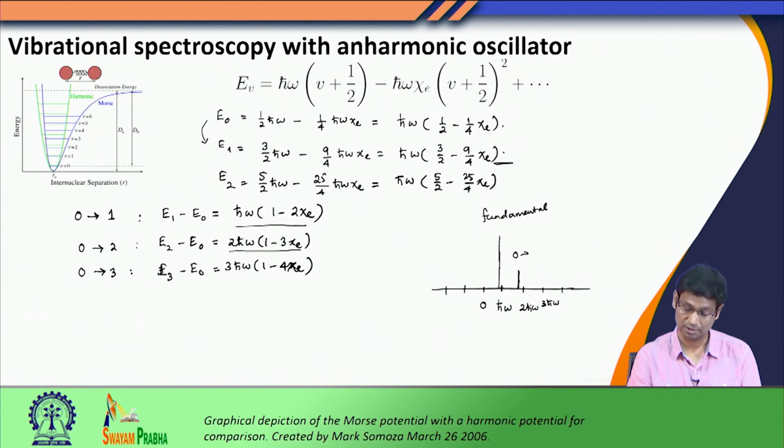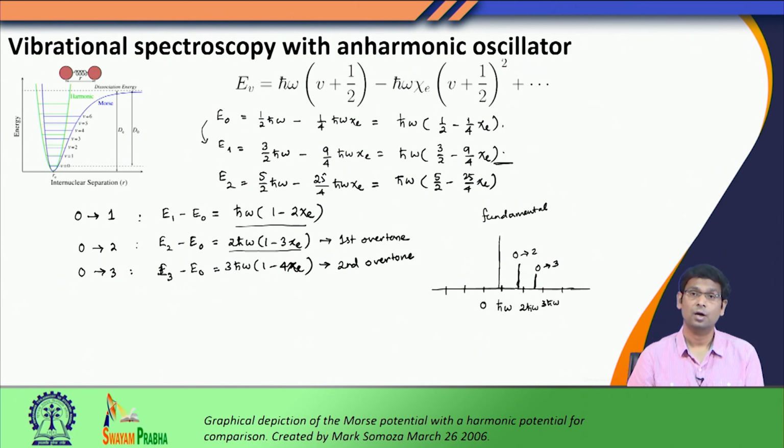So, this is 0 to 2, that is the first overtone. And 0 to 3 would be the second overtone.